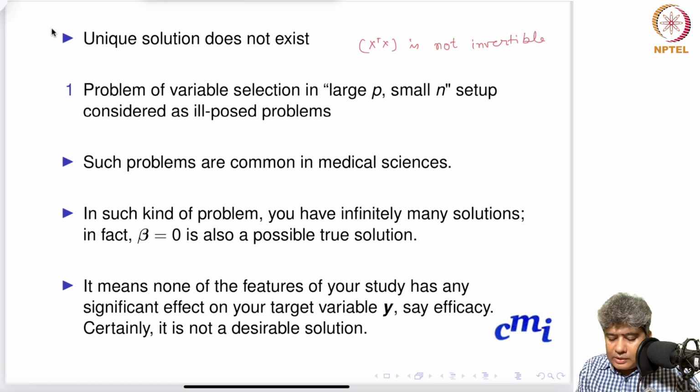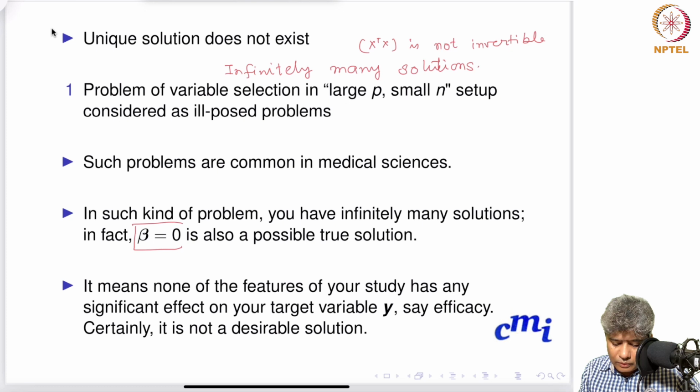The normal equation has at least one solution, so that means in such cases you have infinitely many solutions, and beta equal to 0 is also a solution.